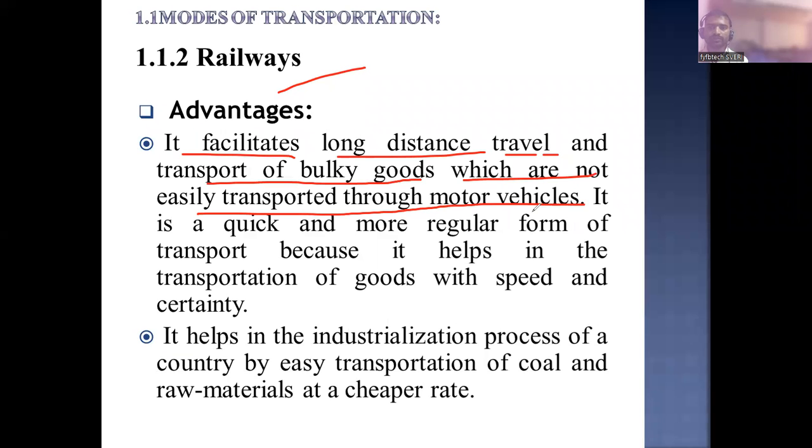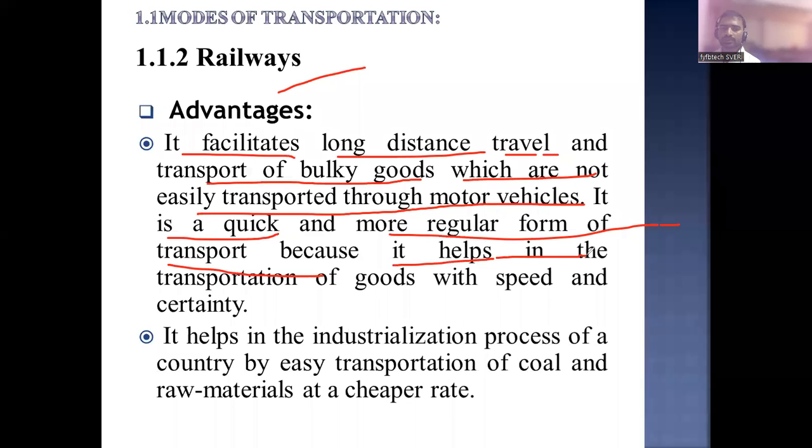If there are heavy vehicles or heavy motors, it is not possible to transport through your truck or any vehicles. In that case, you have to prefer the railways, and it is a quick and more regular form of transport, and it helps in the transportation of goods with speed and certainty.